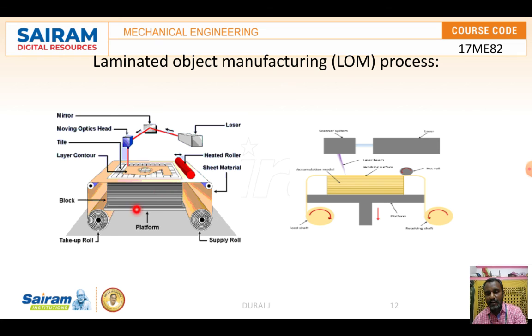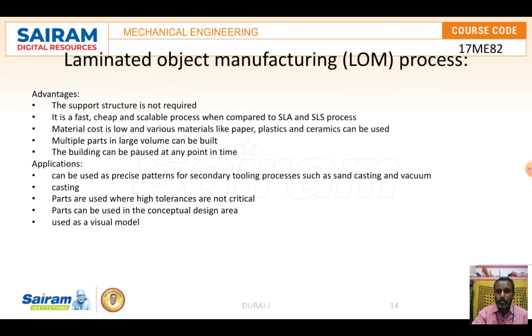Again the sheet is placed above it, the heated roller moves over it again so it is preheated, and then again the laser forms another layer. Like this, the process repeats up to the final stage of the component. Finally, the component is built. This is about the laminated object manufacturing process.